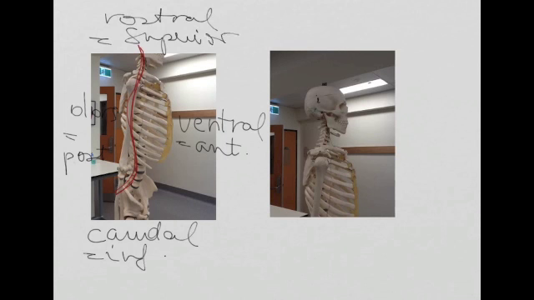However, our brain is positioned here in the skull, and its main axis is at an angle to the vertebral column, a little bit more similar to how the dog stands on four legs. So here we will talk about the ventral, and the ventral would be this one because this is closest to the belly.